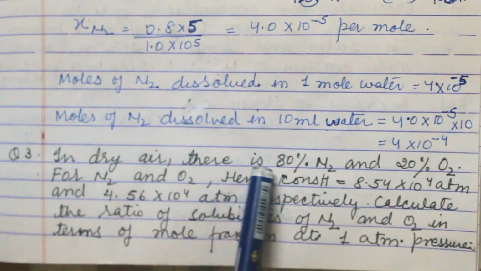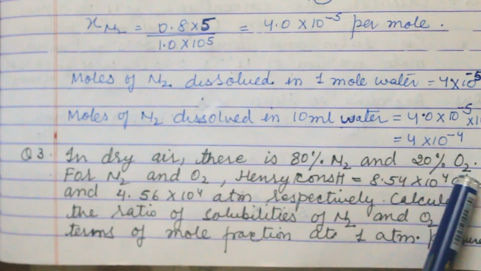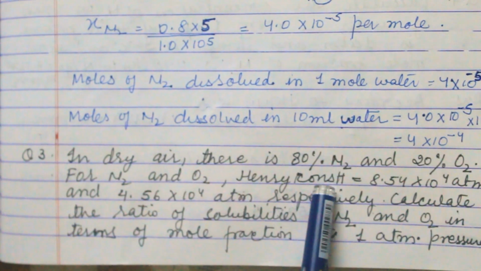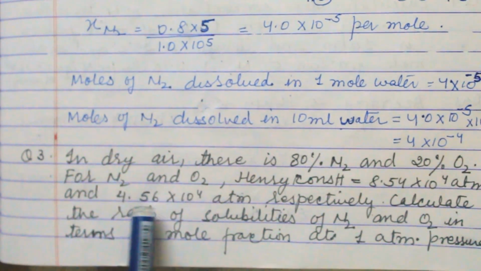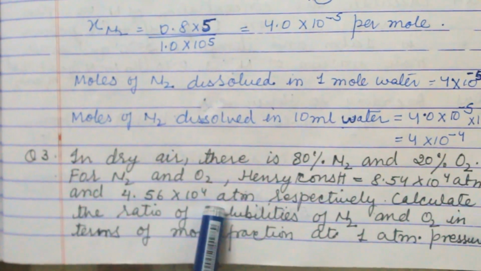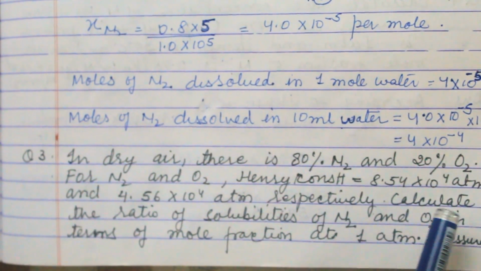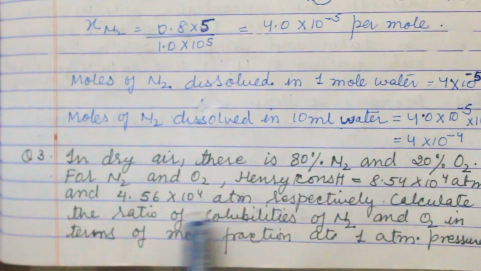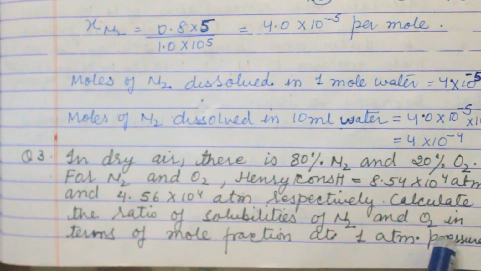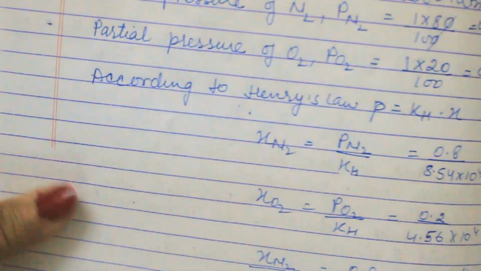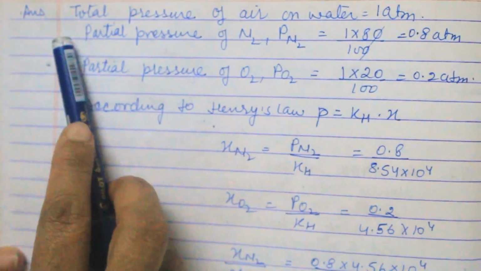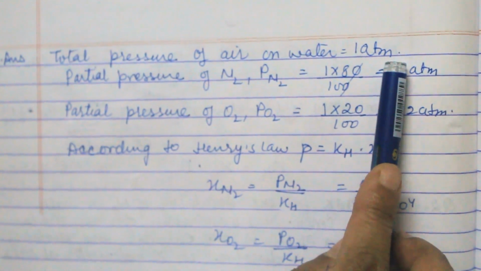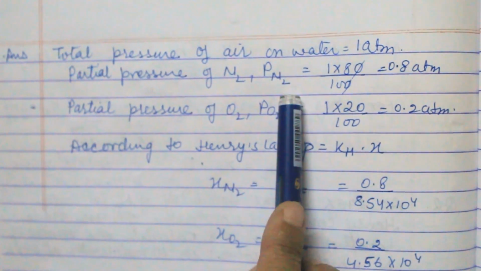In dry air, there is 80% N2 and 20% O2. Altogether it is 100%. The Henry constant is this for N2, and this for O2. Respectively, calculate the ratio of solubility of N2 and O2 in terms of mole fraction at 1 atmosphere pressure. According to the question, the total pressure of air on the water is 1 atmosphere. The partial pressure of N2 is this much.